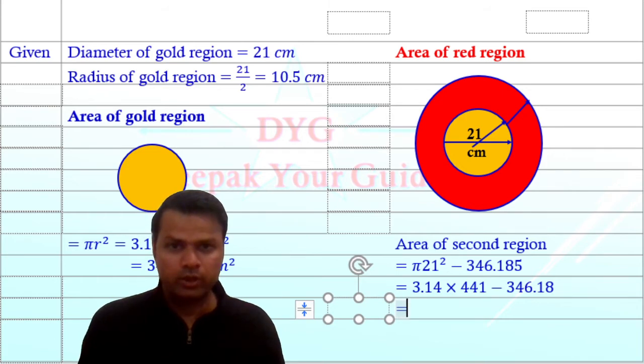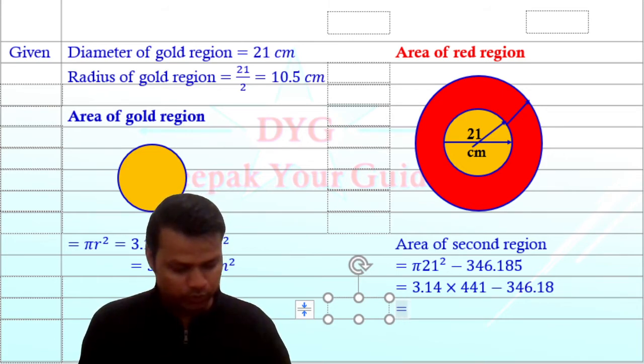So 441, and we have to multiply it with 3.14. So 441 multiplied by 3.14.